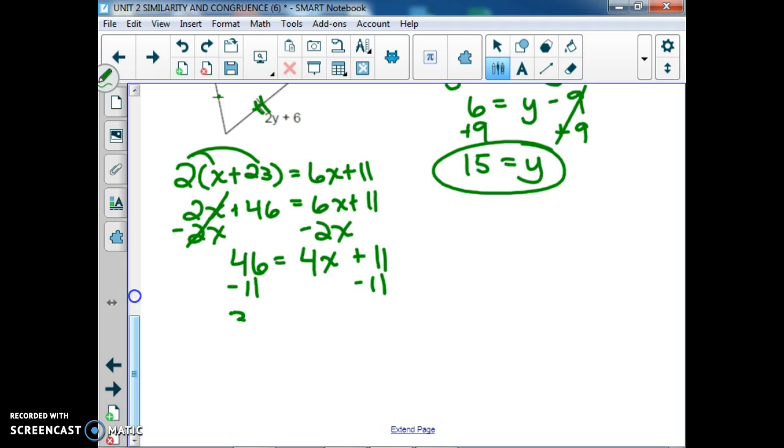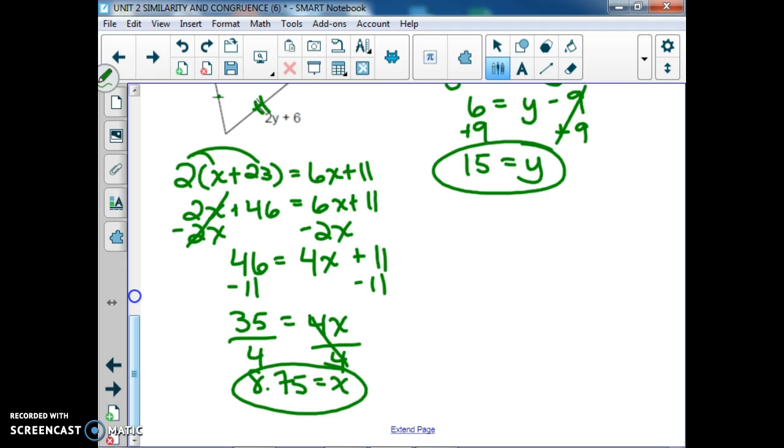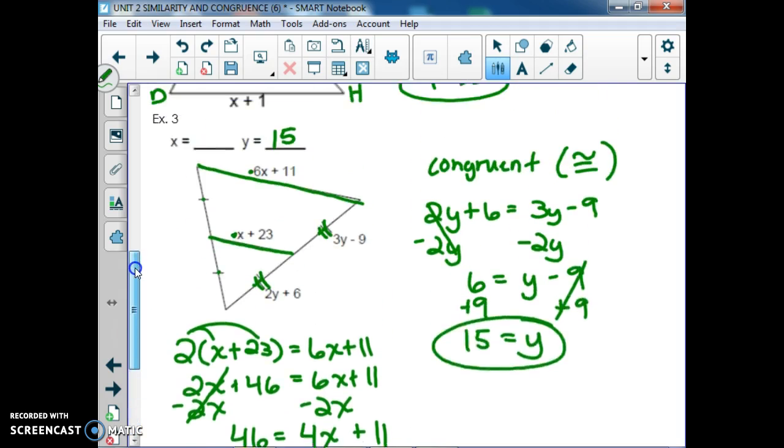And I get 35 is equal to 4x. Divide both sides by 4. And I will get 8.75 for x.